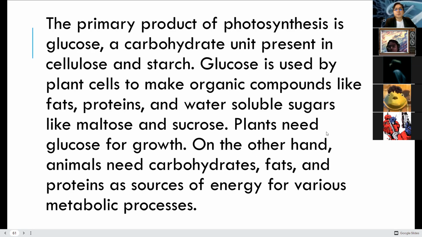The primary product of photosynthesis is glucose, your C6H12O6, a carbohydrate unit present in cellulose and starch of your plants. Glucose is used by plant cells to make organic compounds like fats, proteins, and water-soluble sugars like maltose and sucrose.